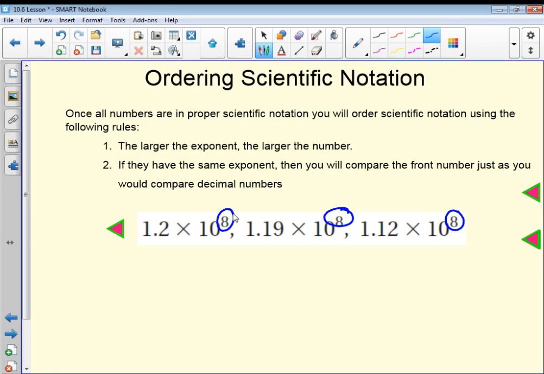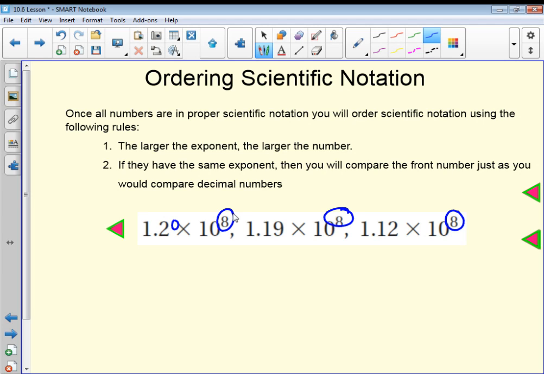So if you are not comfortable with decimals, one thing you can do is make sure they have the same number of places. So if I want to make sure that they all have two numbers behind or to the right of the decimal, I could add a 0 to this. Okay, now I'm going to compare 1.20, 1.19, 1.12, okay?